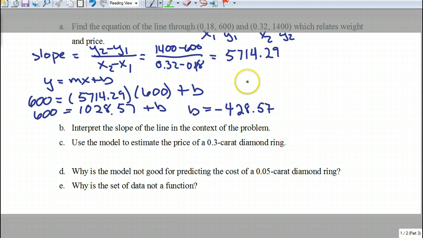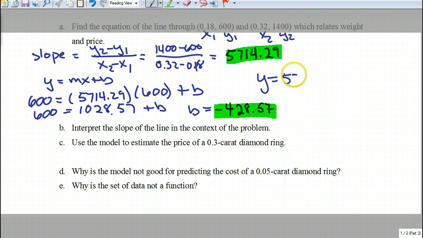So our equation of the line, if I put in this for my slope and this for my intercept, is going to be y equals 5,714.29x minus 428.57.